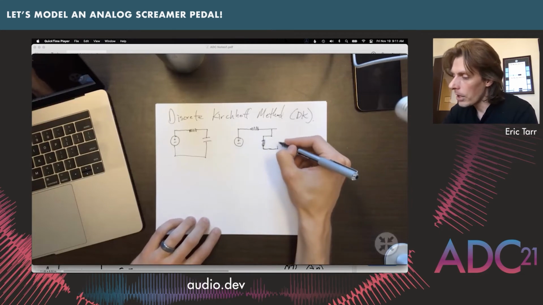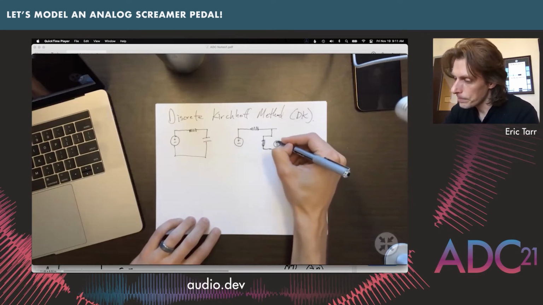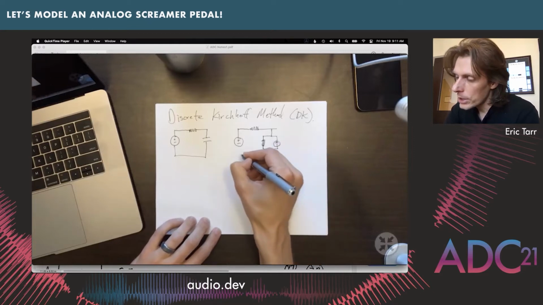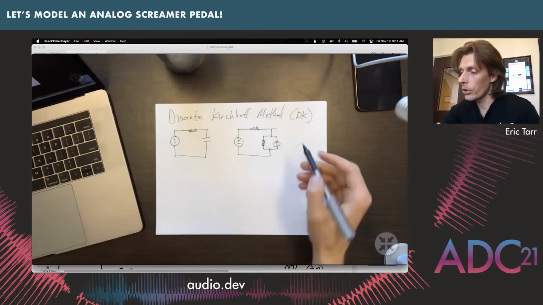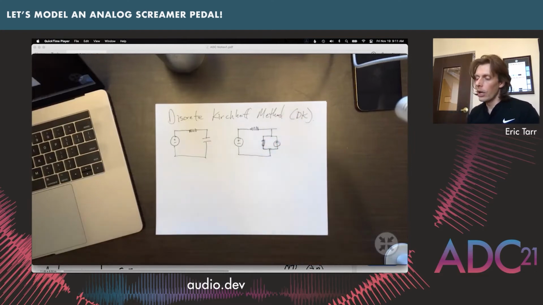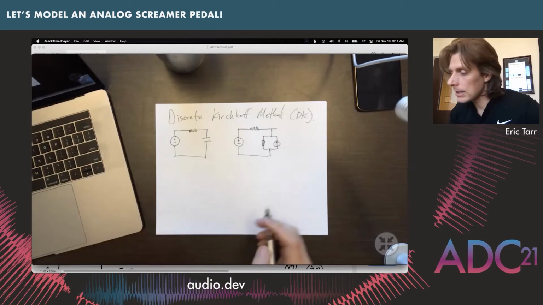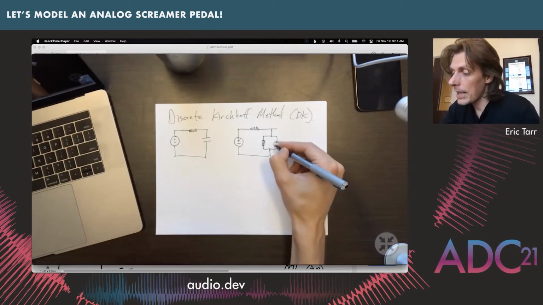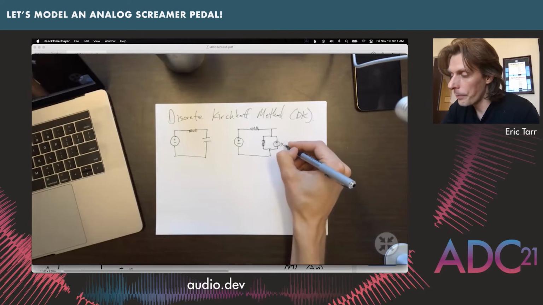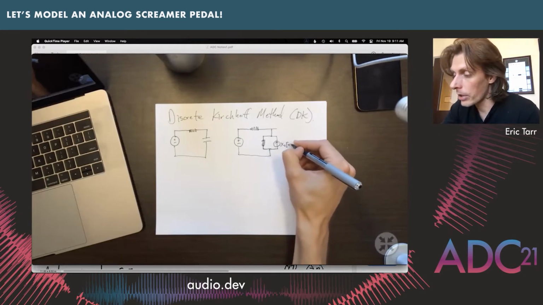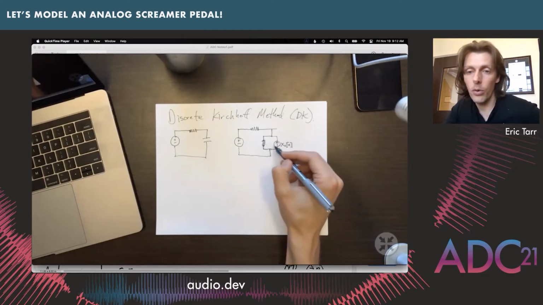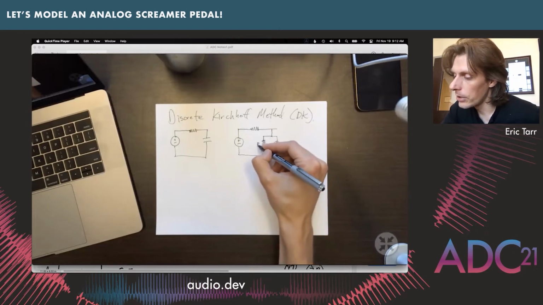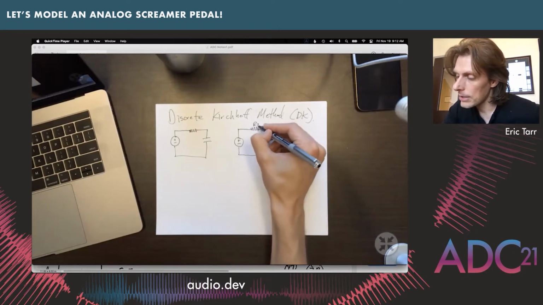And then we'll add in something over here that is a current source, like this, which has the function of doing the storage or the memory of the capacitor for how it influences the current that's flowing through here. So what I like to do is label some of these things as our state that we're going to remember. I'm just going to call this one X1. This one actually matters at the current time, so it'll be over some sample number. And then we have a resistor that goes along with it and is paired with it for the capacitor. We'll call this R1. And then this one up here is going to be R2.